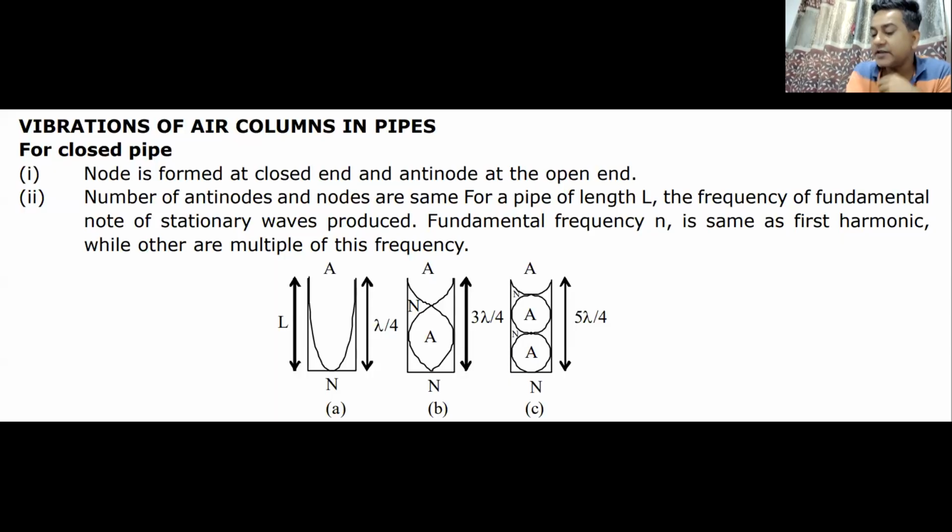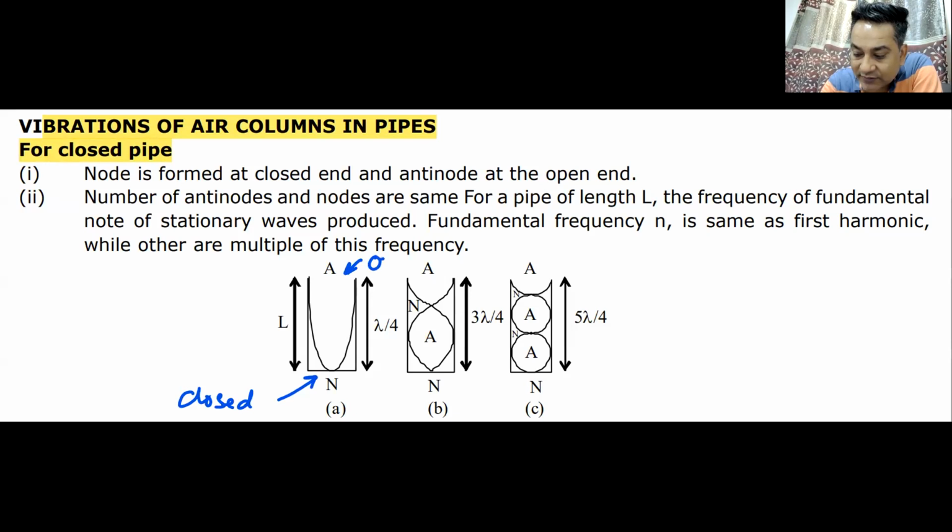Let us move ahead to the most important part of this chapter, which is the vibration of air column in a pipe. How does an air column vibrate in a pipe? Now we have to do two cases. Case number one is for a closed pipe. When I say a closed pipe, as you can see, it is closed at one end and open at the other end.